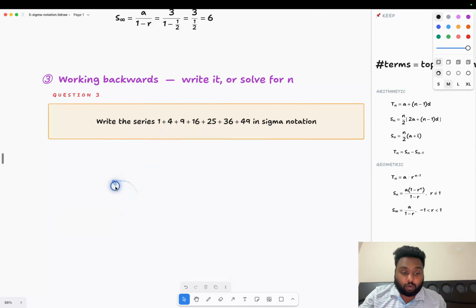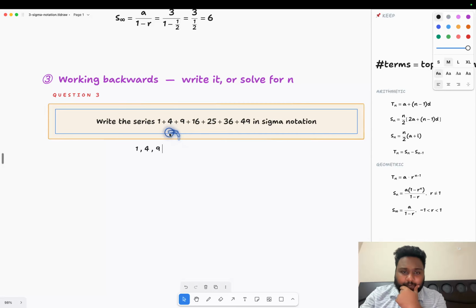Here I see my first term is 1, and then I have 4, then I have 9. When I look at 9, 16, 25, can I realize that this is a square? Every number in this series is a perfect square, right?